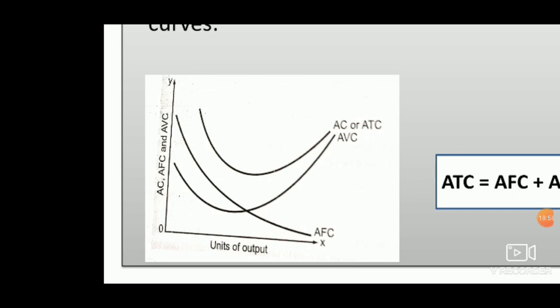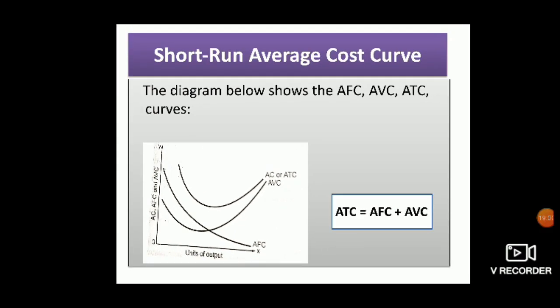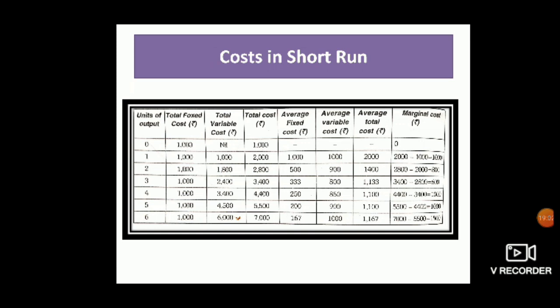Okay. So, you can see the total short run cost. In the first row, you can see the unit of output, that means Q, the number of units produced: 0, 1, 2, 3, 4, 5, 6.